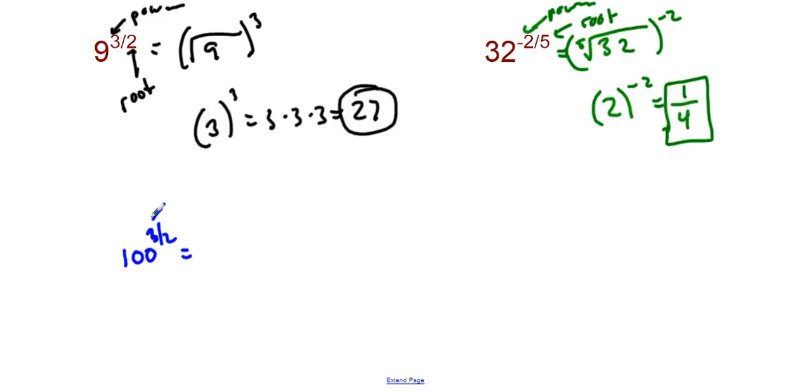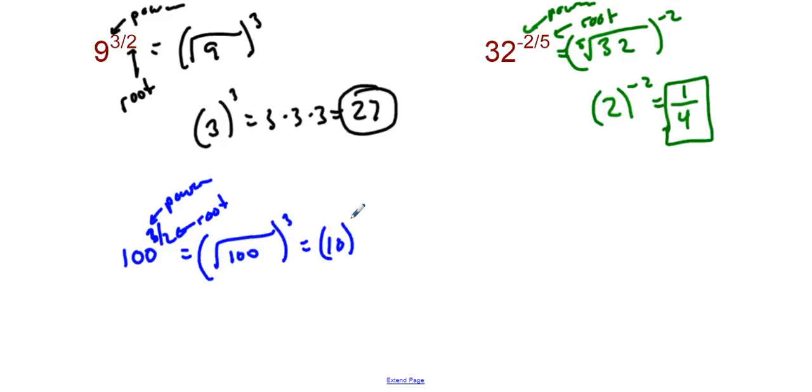Once again, this is your power, this is our root. So I always take the square root first. The square root of 100, cubed. The square root of 100 is, sorry, 10. Cubed is going to be 1,000. And that's what we got.